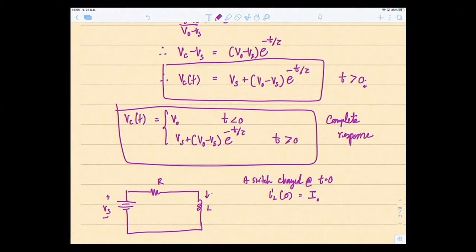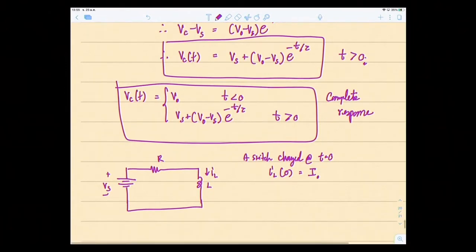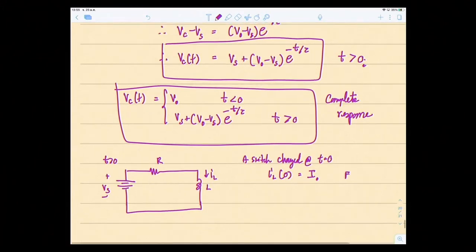So therefore this is IL, right? When the switch changes position, you get this circuit here. So this is like t greater than 0. I'm going to find IL. What happens to IL? I want to find IL of t for t greater than 0.